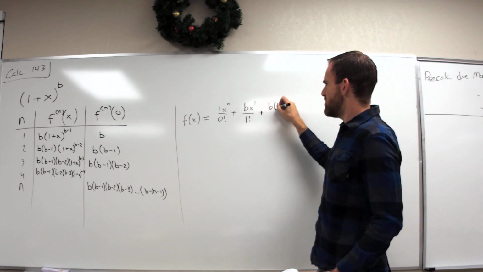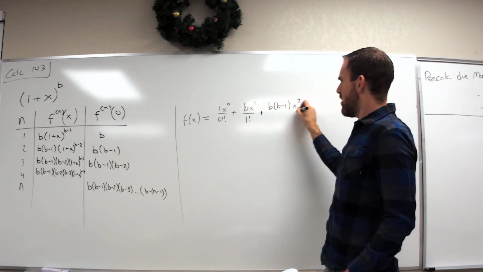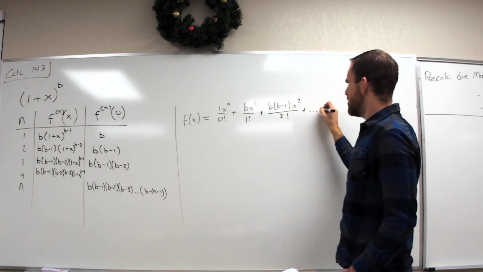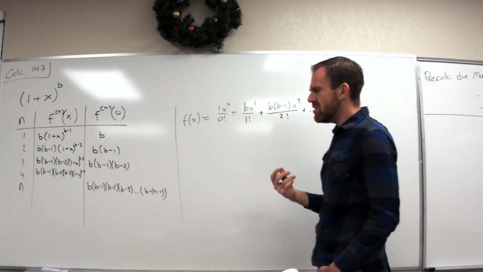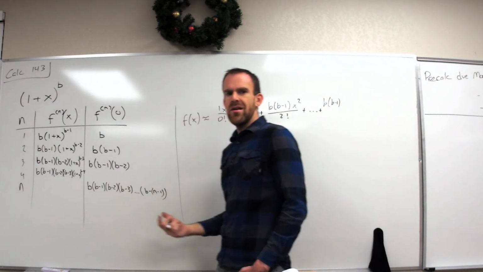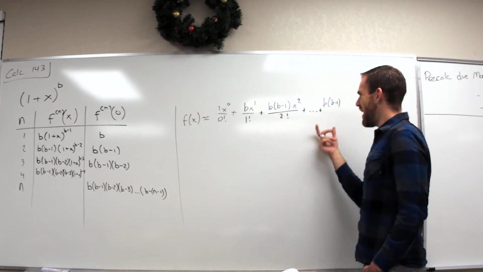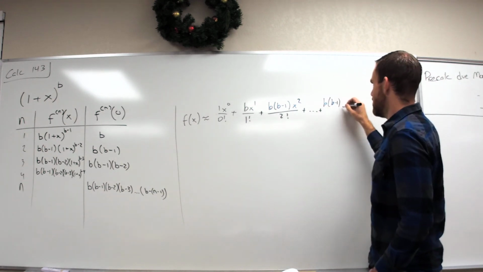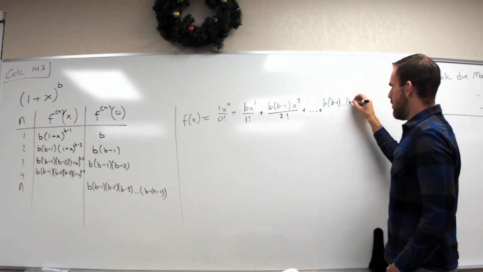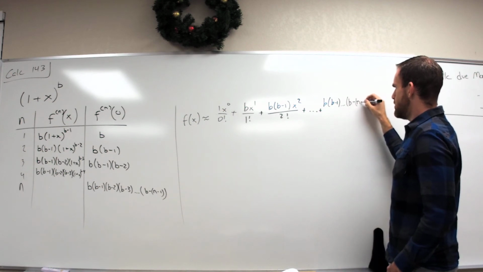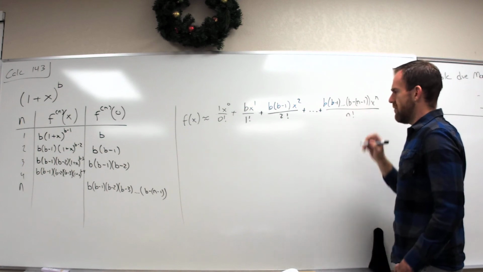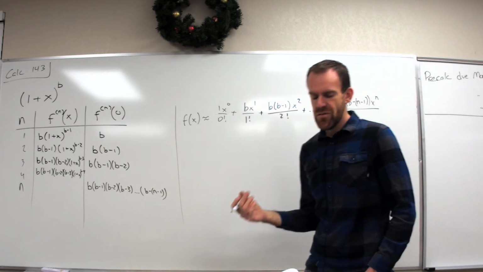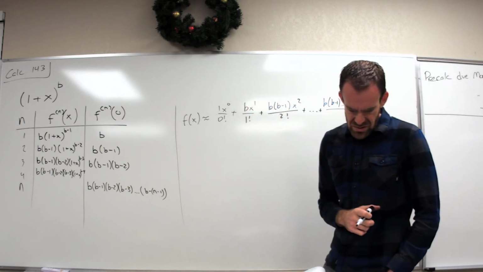Our next term has b times b minus 1 as the coefficient, all the way up to b times b minus 1, and you always want to look for a pattern here. The pattern is going to give you that last term that you could potentially add up to: b minus n minus 1, x to the n over n factorial. So this goes on for a very, very long time.